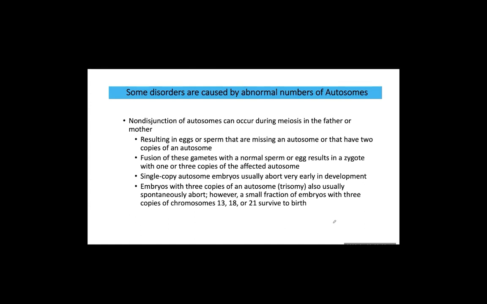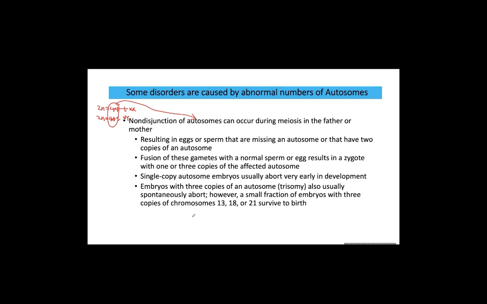Let me remind you, in 2n equals 44 plus XX and 2n equals 44 plus XY, these 44 chromosomes we call autosomes. Okay? This results in eggs or sperm that are missing an autosome or that have 2 copies of an autosome.